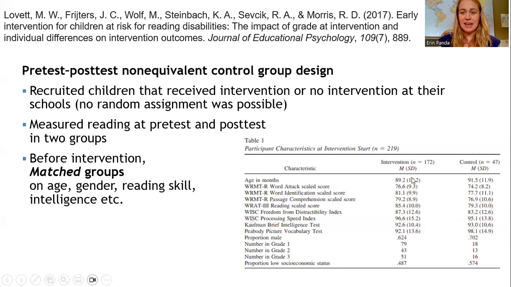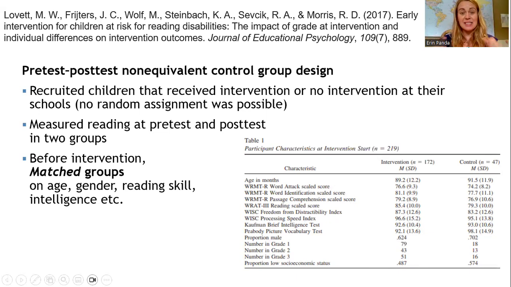And you could see that they are similar in terms of how old they are, what their reading scores were at the beginning of intervention, what their intelligence and their vocabulary is at the beginning of intervention, and the proportion of males to females, what grade they're in, and their SES.